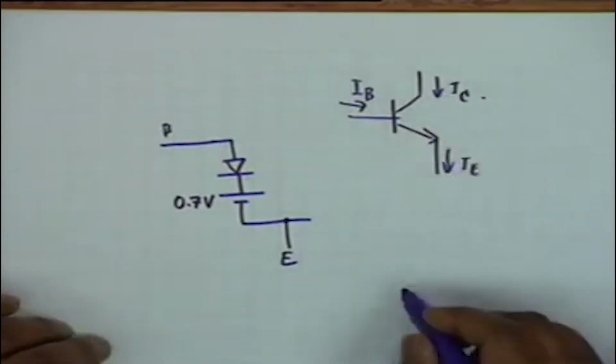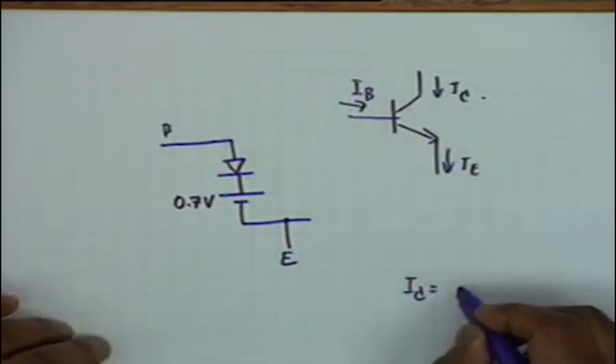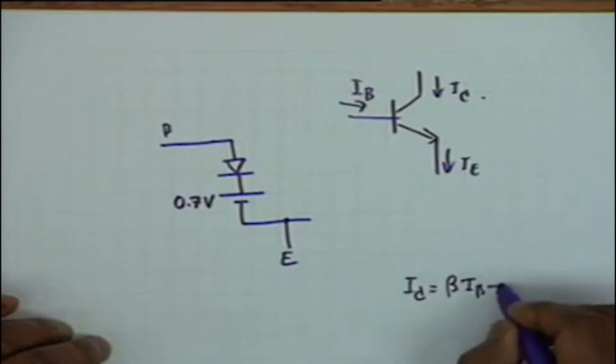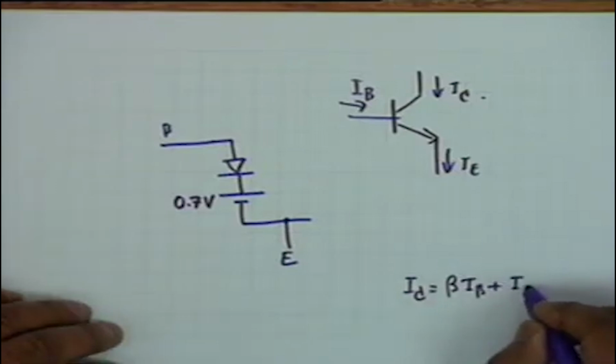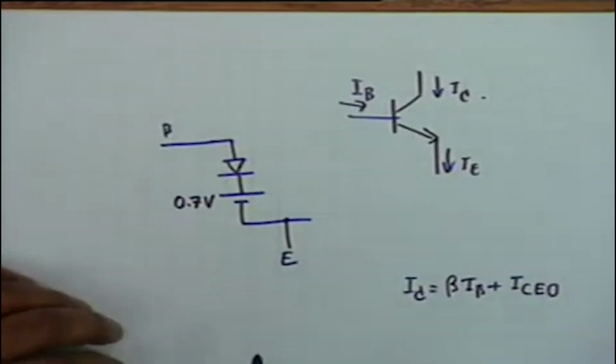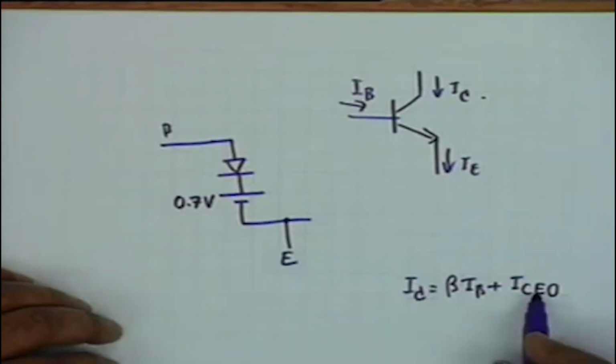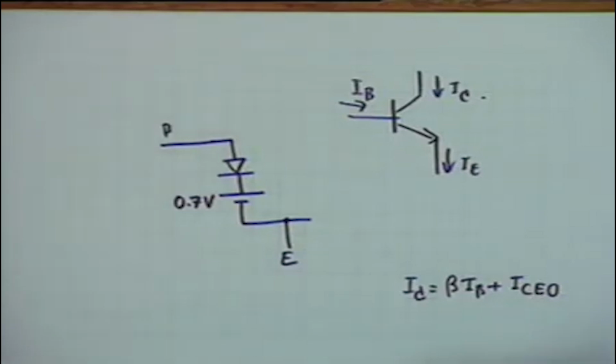And as far as the output is concerned, the output is simply beta IB plus ICEO, which is beta plus 1 times ICBO, and this is independent of VCE, as you can see here also.